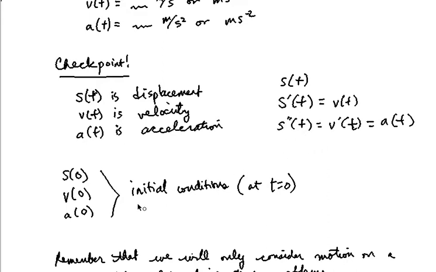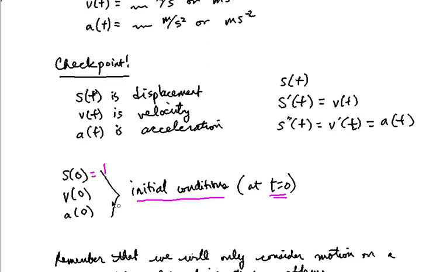And initial conditions were one of our key words that we talked about at the beginning. It's usually information that's given to me, whatever my conditions were at time equals 0. So s of 0 could be, for instance, 1.